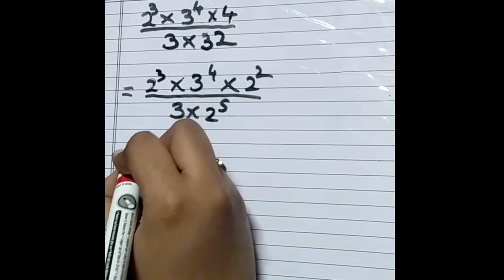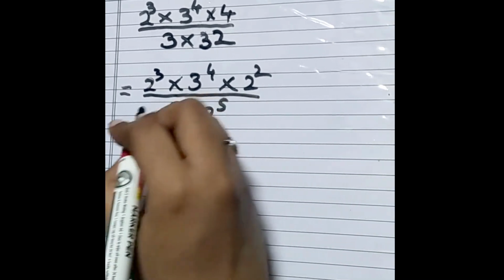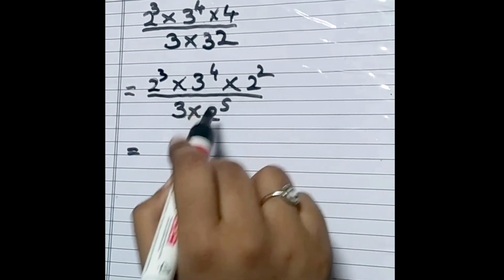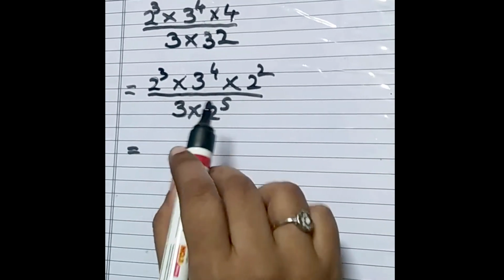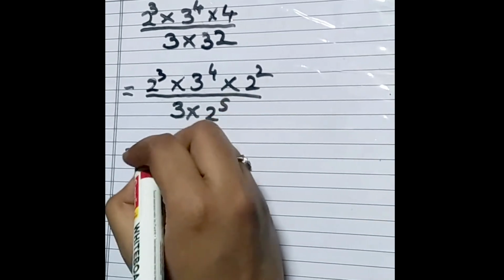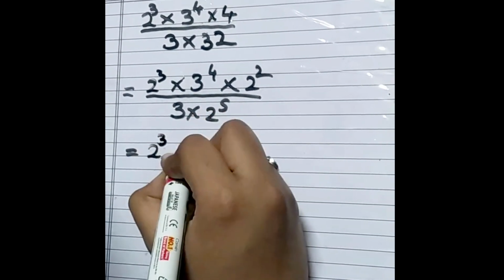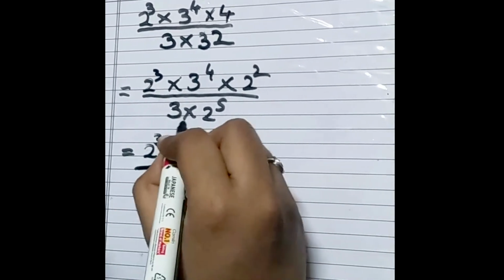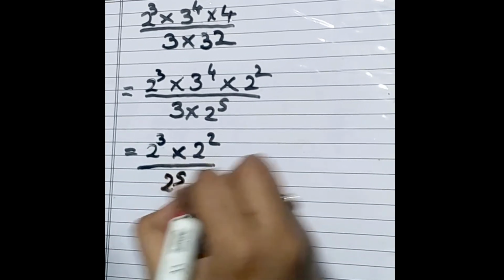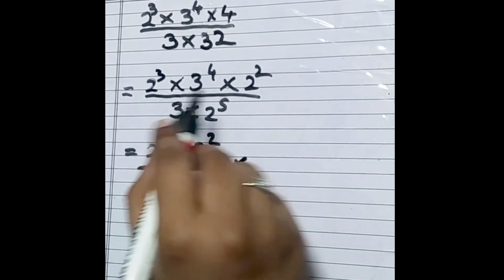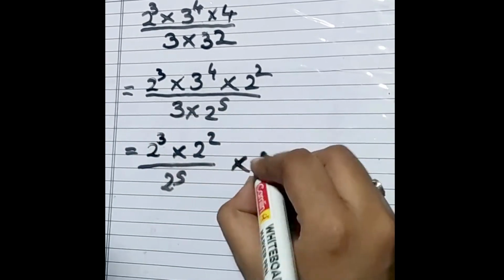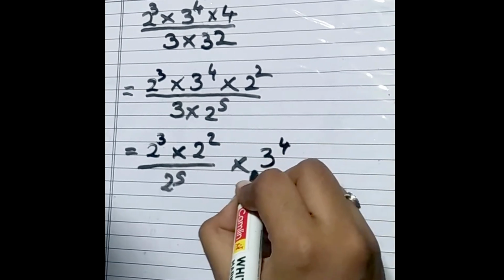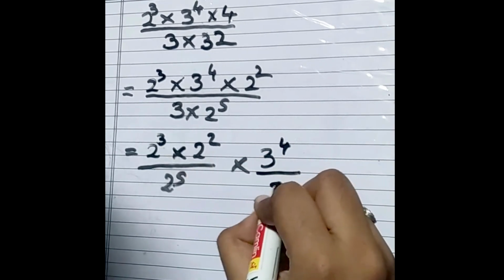Which is equal to, now see, here the bases are 2 and 3. All the bases are 2 or 3. So the base 2 terms we will separate. Now 2 cube into 2 square upon 2 raised to 5 into, see, multiplication sign is there, so we can easily separate like this, into 3 raised to 4 upon 3.